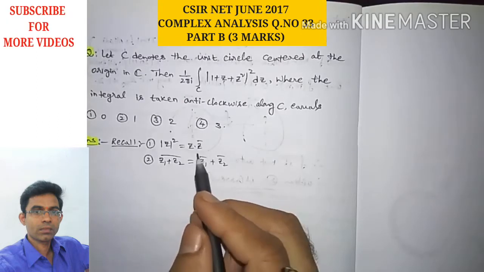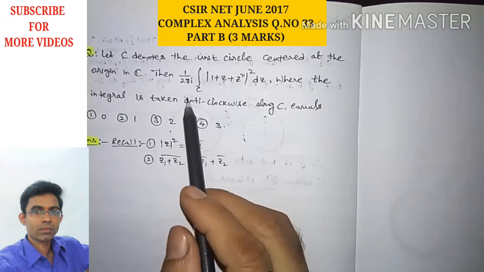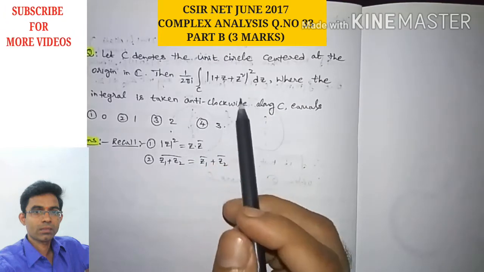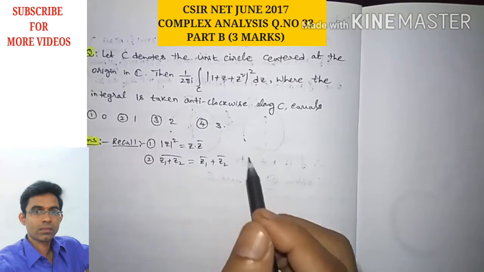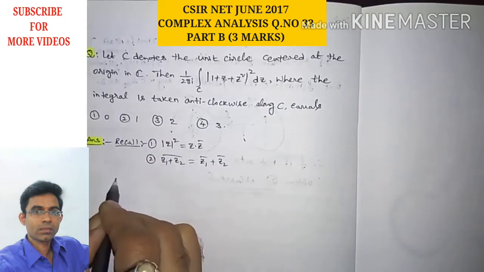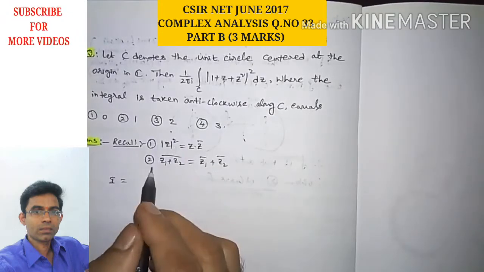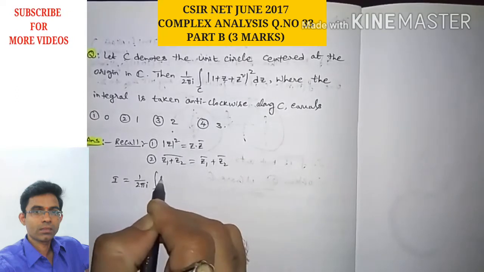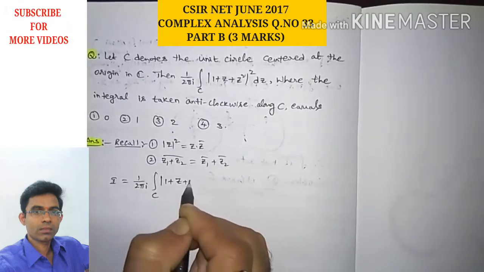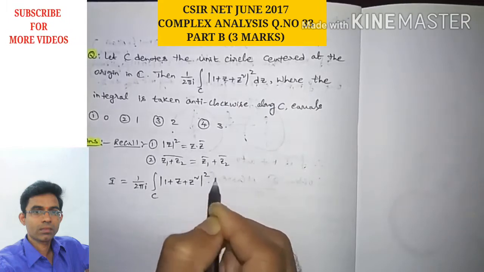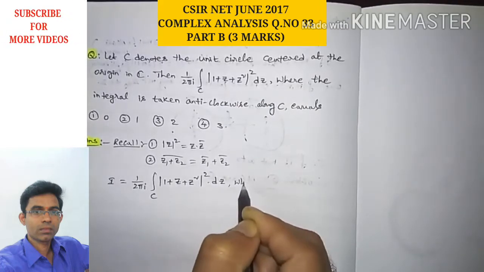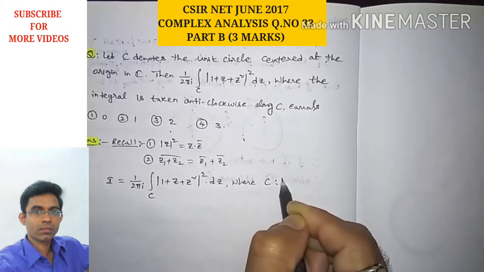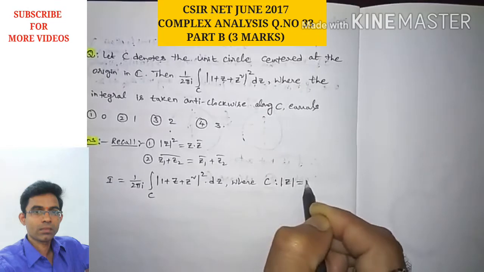Now coming to the solution, the given integral is 1 by 2 pi i integral taken over C modulus of 1 plus z square whole square into dz. Let it be capital I. Here the circle C is the unit circle, that means modulus of z is equal to 1.